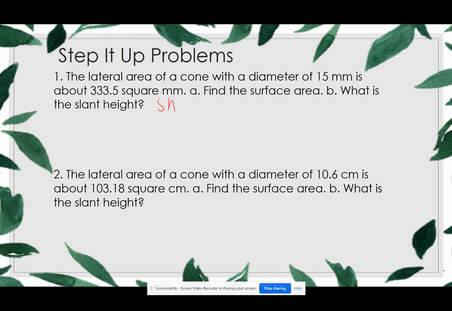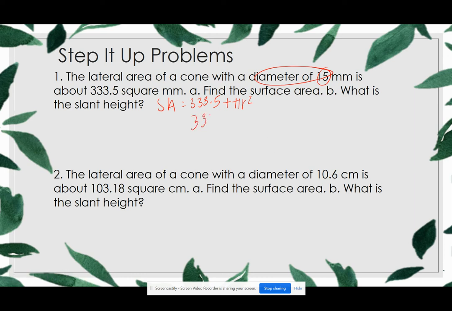Well, they give us the diameter, so we can find the radius. The radius is 15 divided by 2, which is 7.5.